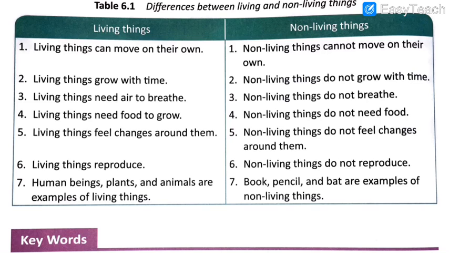Now students, in the seventh point only examples are given. So I give you the duty to write a few examples of living things and non-living things in your books. I will read these two points of examples of living and non-living things.